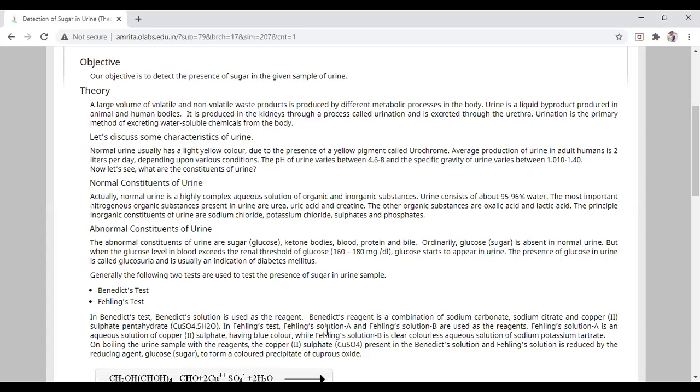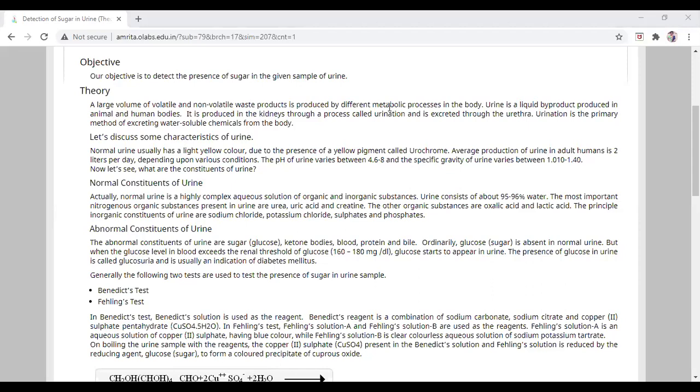Now let's see what the constituents are, what is there inside the urine. Normal urine is a highly complex aqueous solution of organic and inorganic substances. Urine consists of about 95 to 96% water. The most important nitrogenous organic substances present in the urine are urea, uric acid, and creatinine.